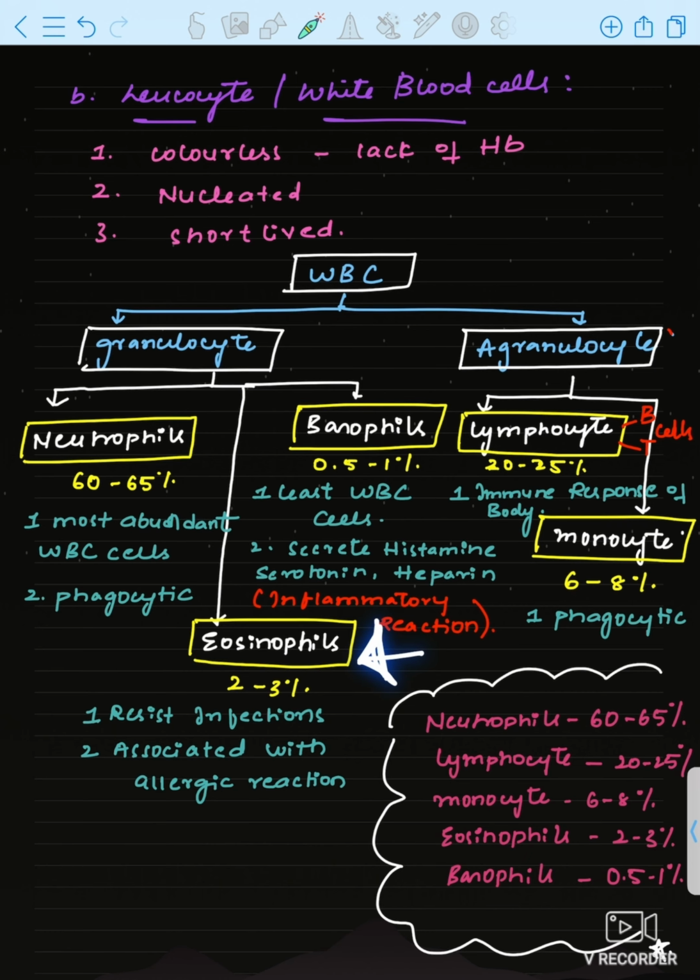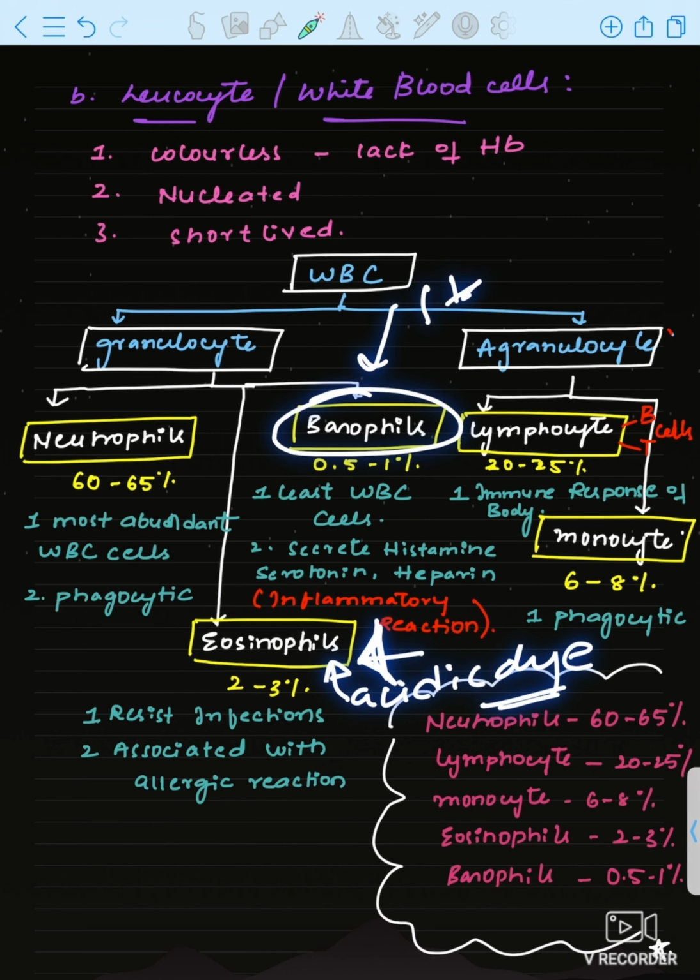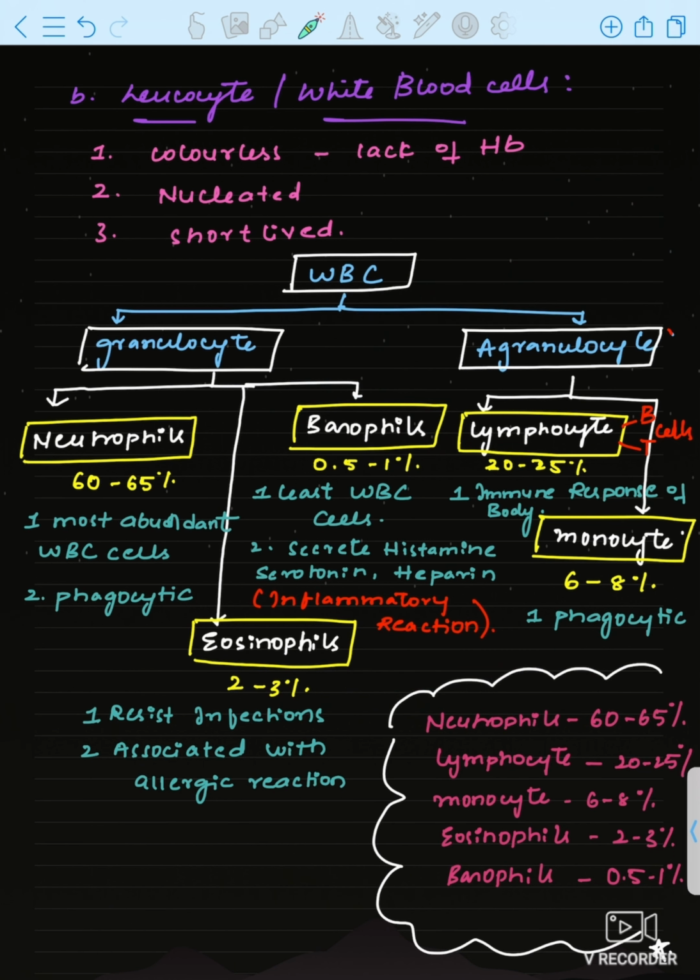Why are the names like this? Eosinophils stain with acidic dye, that's why eosinophils. Basophils stain with basic dye, that is why basophils. Neutrophils don't stain with either acid or base and don't show any color difference.